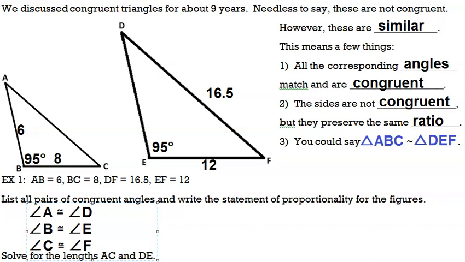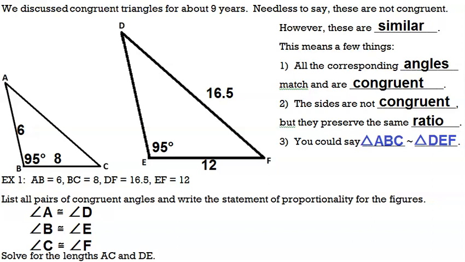Okay. Write the statement of proportionality for the figures. All right, now, this is where we are going to write what's called an extended proportion. I told you about the sides earlier. It said the sides are not congruent, but they preserve the same ratio.